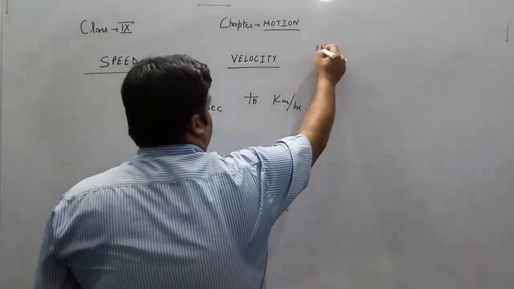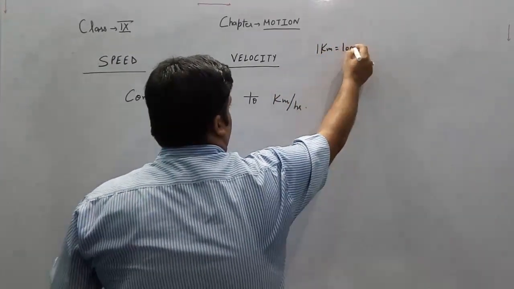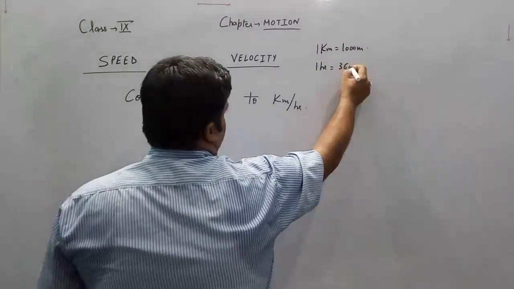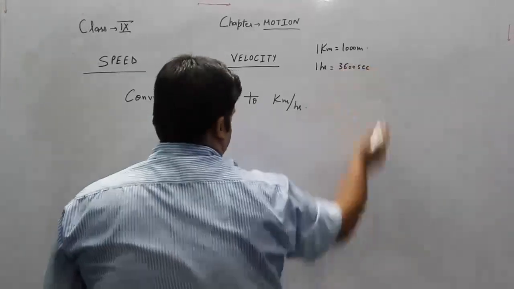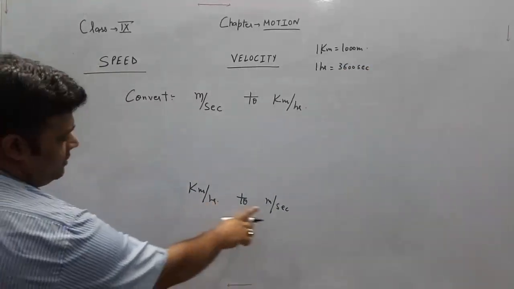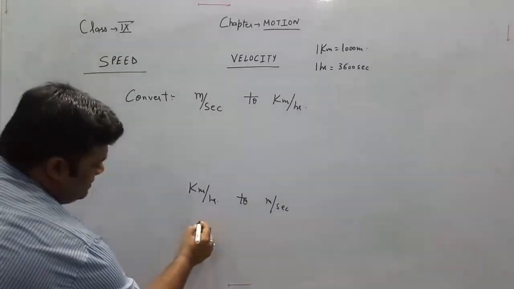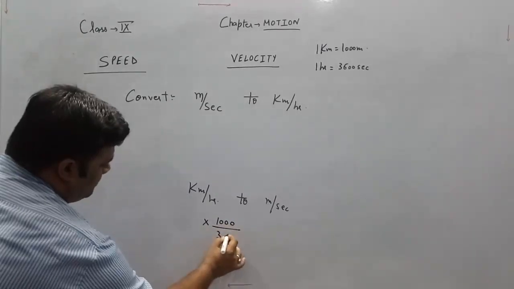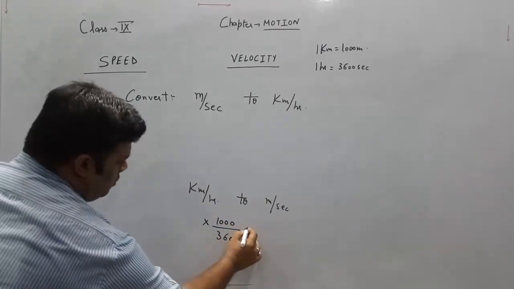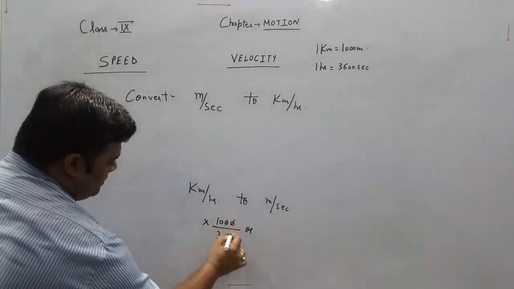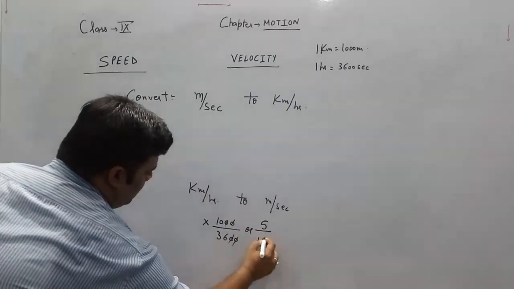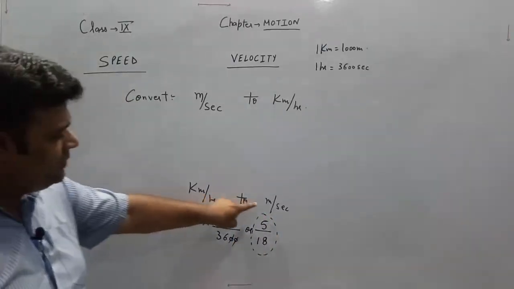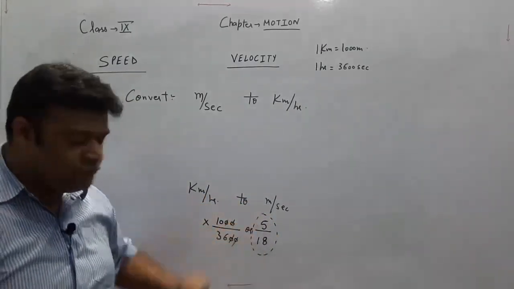1 kilometer is equal to 1000 meters and 1 hour is equal to 3600 seconds. To convert kilometer per hour to meter per second, we multiply by 1000 divided by 3600, which becomes 5 upon 18.